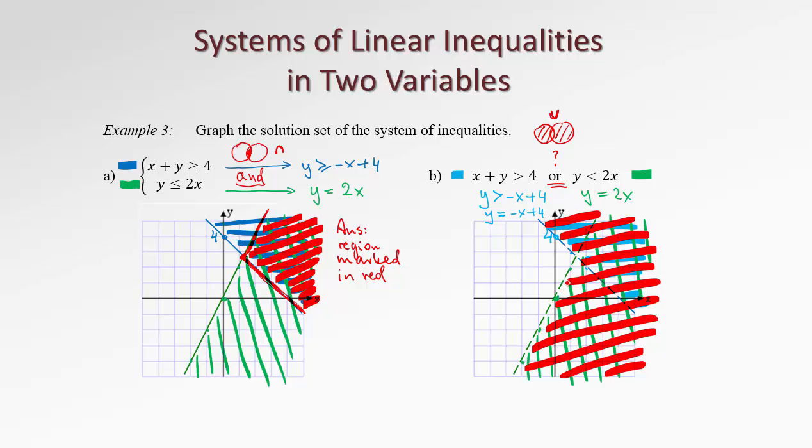Since this was a dashed line, broken line, that means any point on this line does not belong to the solution of the green inequality. Since this part of the line was not in the blue region at all, those points will not satisfy this inequality either. Therefore, those points have to be excluded.